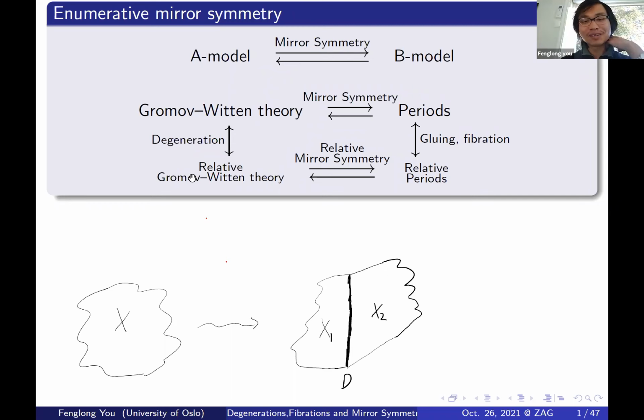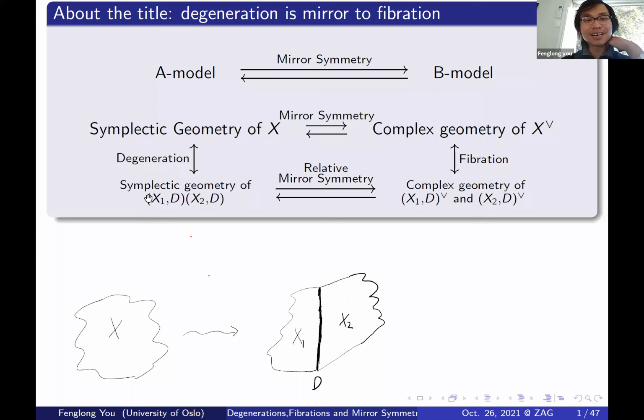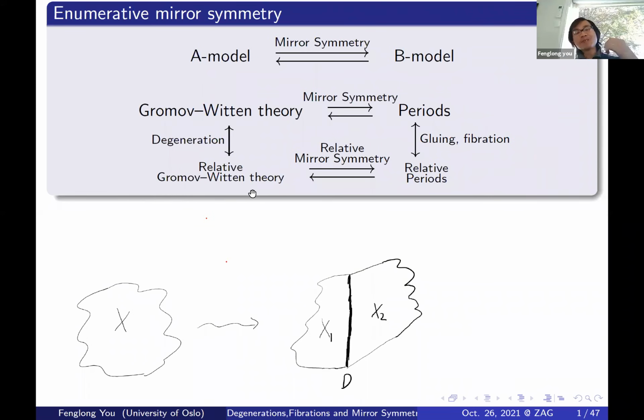When we talk about pairs, I don't think there's a definition of a Fukaya category for a pair, so it's more difficult to study. So right now, I just talk about the enumerative mirror symmetry part.